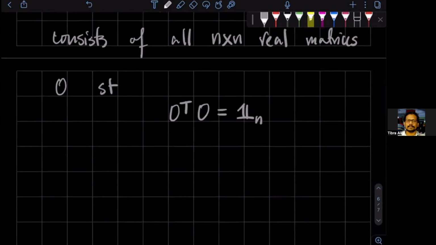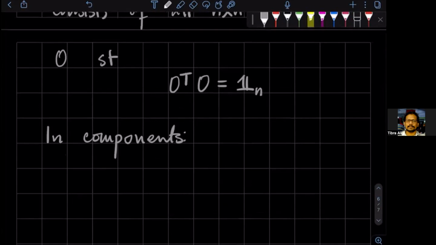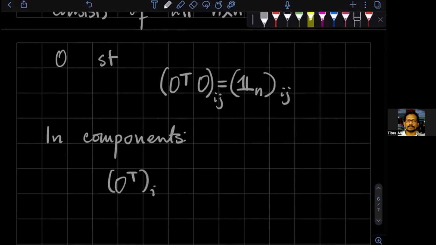So let's write this in components. In components, we take the ijth component of both sides. On the left-hand side, we have O transpose, and then another matrix.